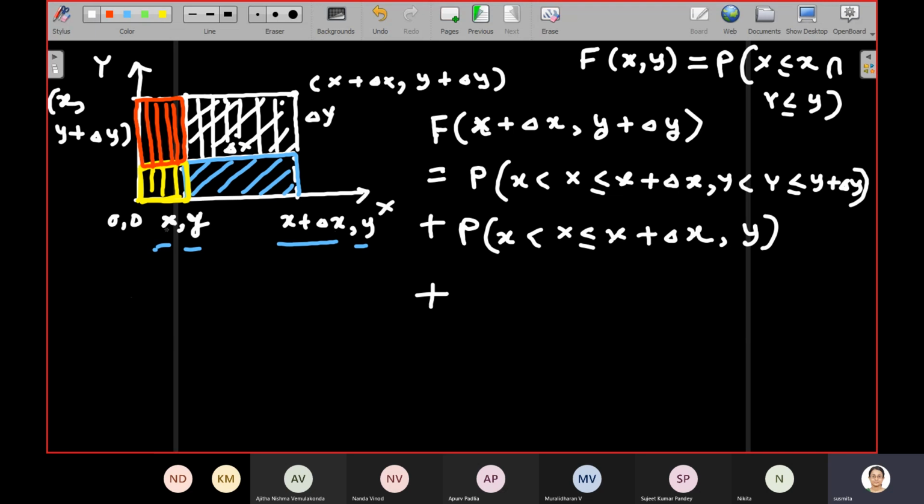So you understood how I wrote the probability for the white and blue areas? Yes, ma'am. Okay, then can you tell me what we should write for the yellow area? P of 0 less than or equal to x comma y. Then in terms of capital F, what can we write? Ma'am, F of x comma y. Yes.